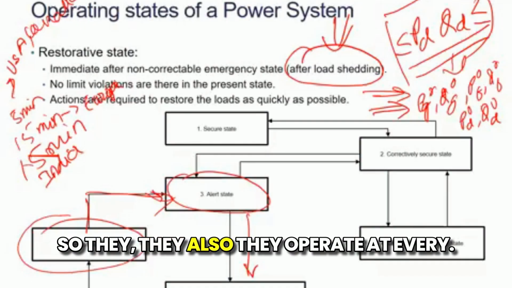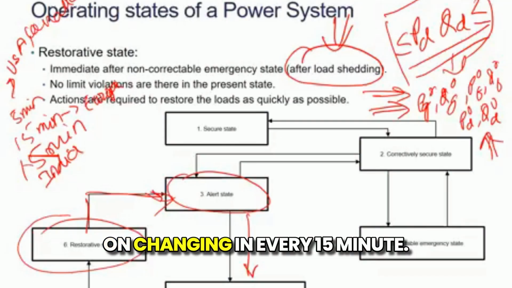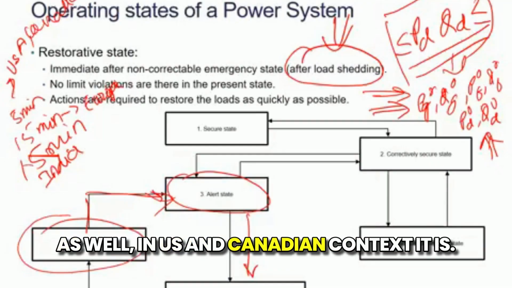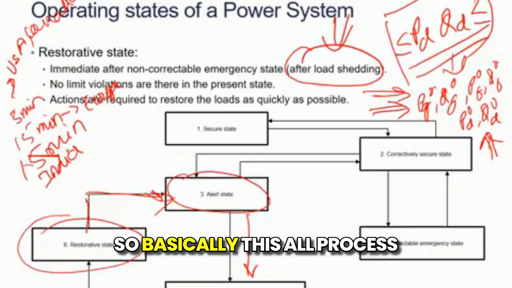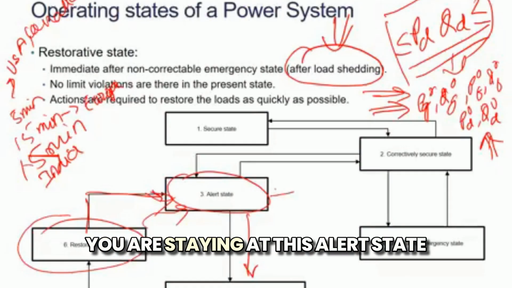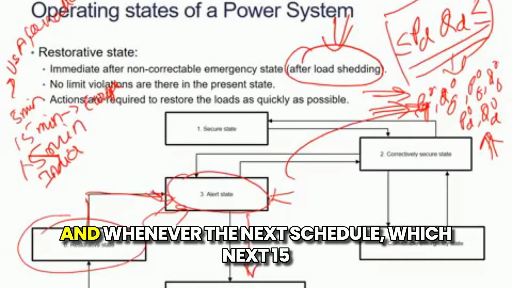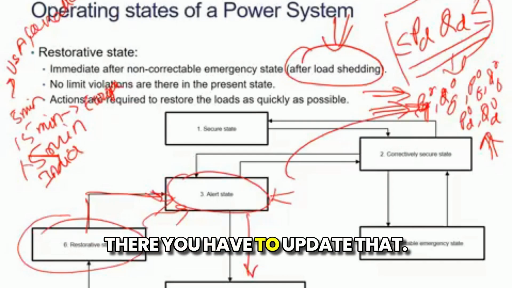So these initial schedules keep on changing every 15 minutes in the Indian context, in the European context as well. In the US and Canadian context, it keeps on updating every 5 minutes. So basically in this whole process from restorative to alert state, you are staying at this alert state with this schedule only. And whenever the next 15-minute schedule comes, you have to update that.